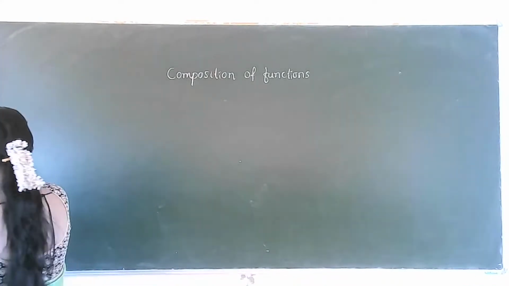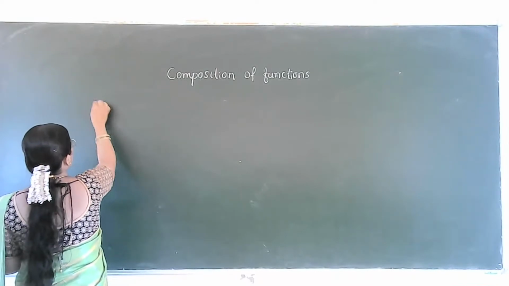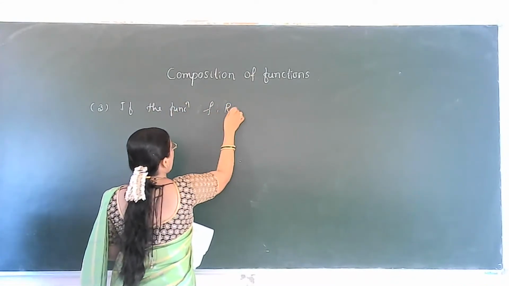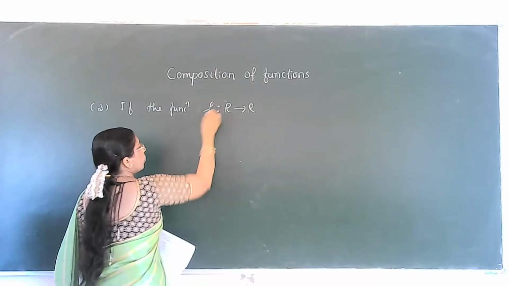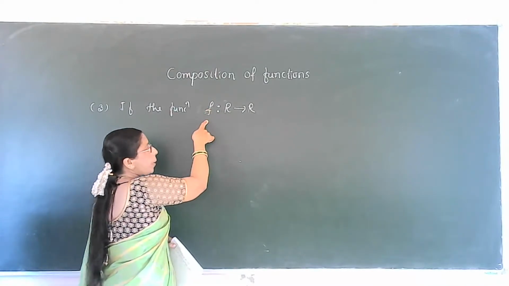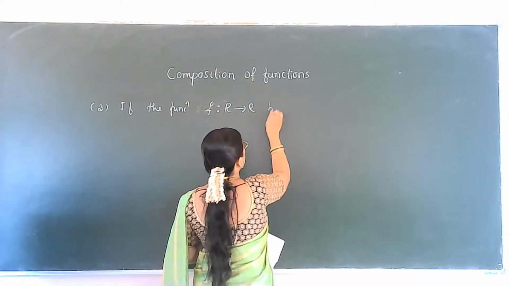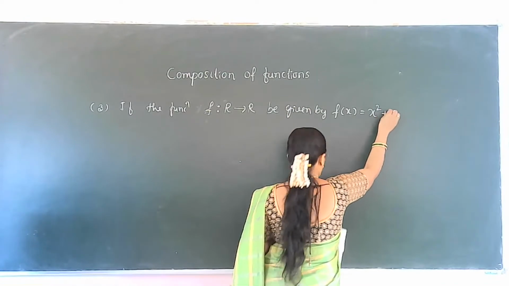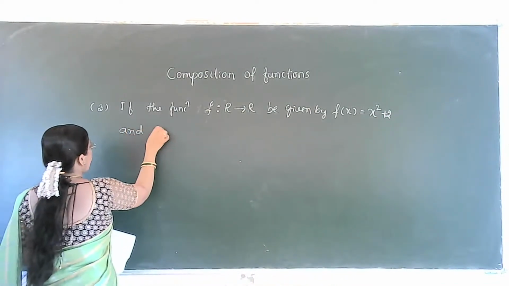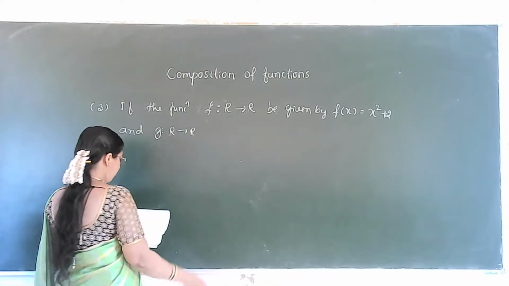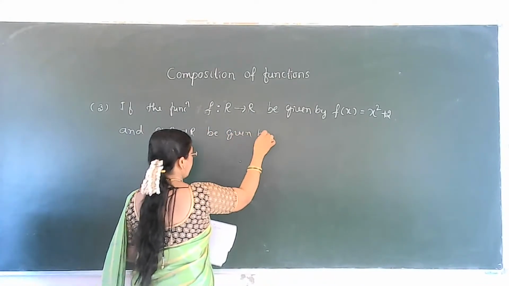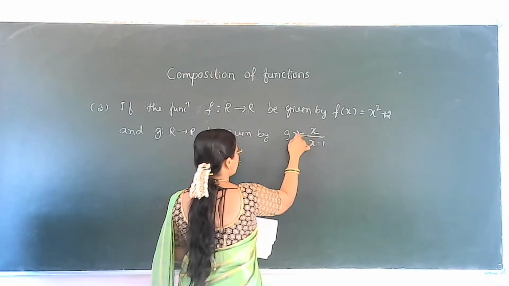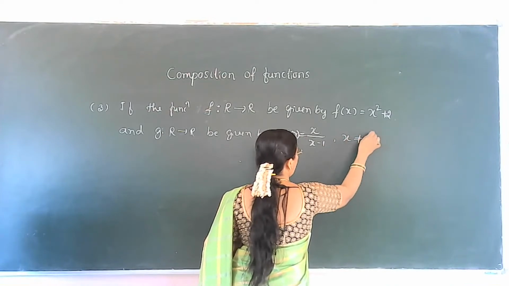Then we find one more problem. If the function f from R to R, we read as f is a function from R to R given by f of x equal to x square plus 2, and g is a function from R to R given by g of x equal to x divided by x minus 1, where x is not equal to 1.